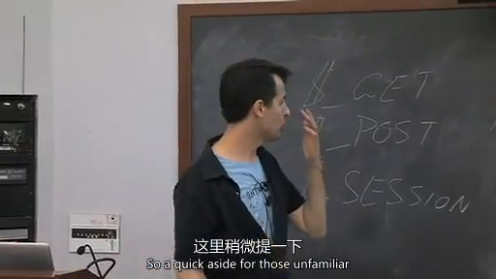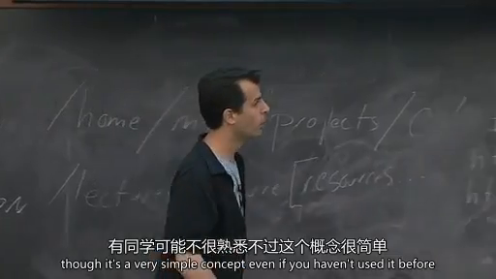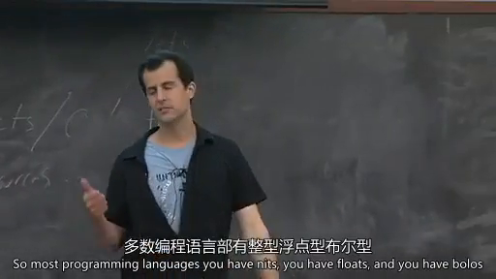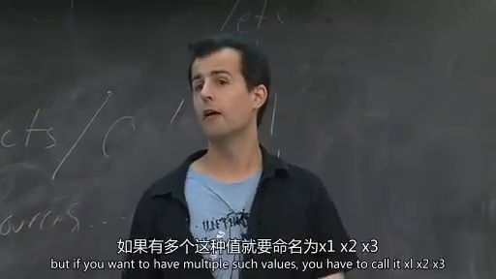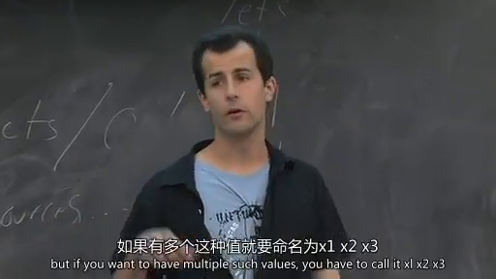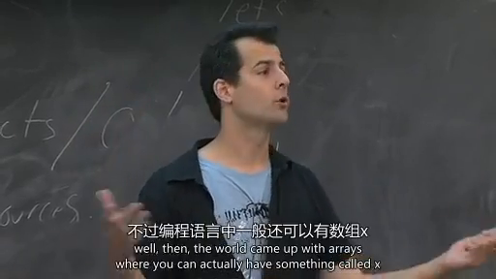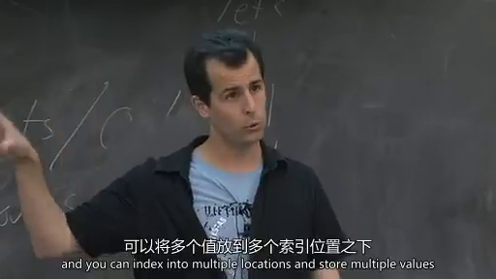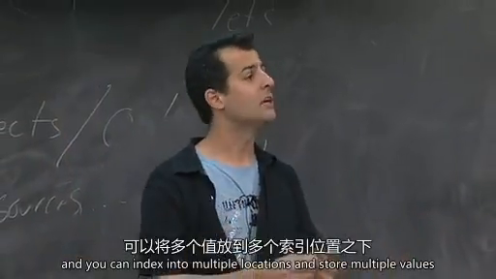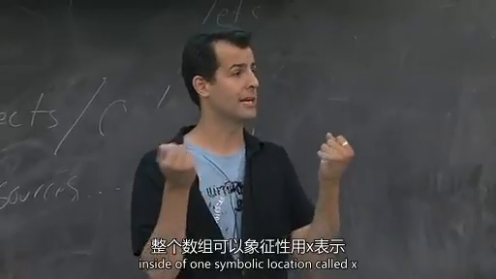So a quick aside for those unfamiliar, because it's a very simple concept even if you haven't used it before. In most programming languages you have ints and floats and bools and these kinds of things. But if you want to have multiple such values, you have to call them x1, x2, x3. Well, then the world came up with arrays, where you can actually have something called x and you can index into multiple locations and store multiple values inside of one symbolic location called x.